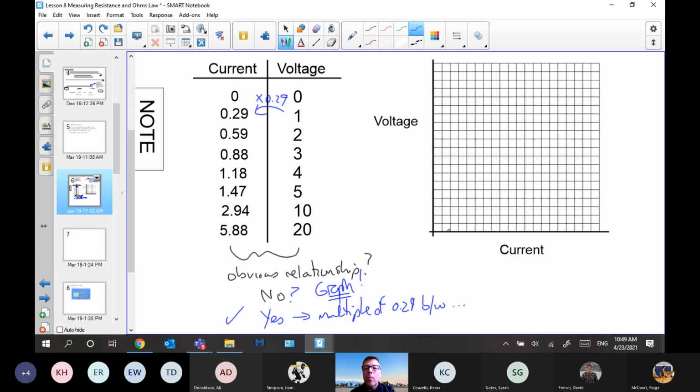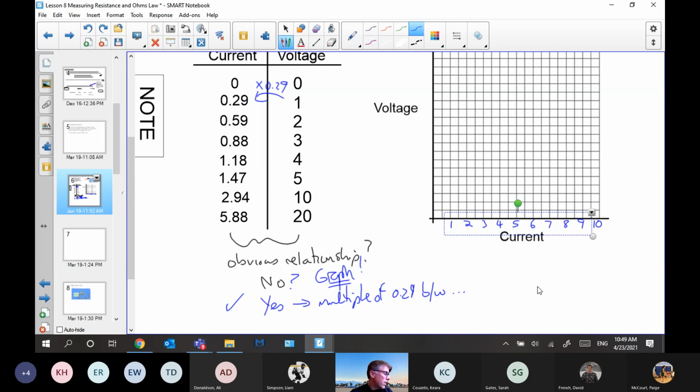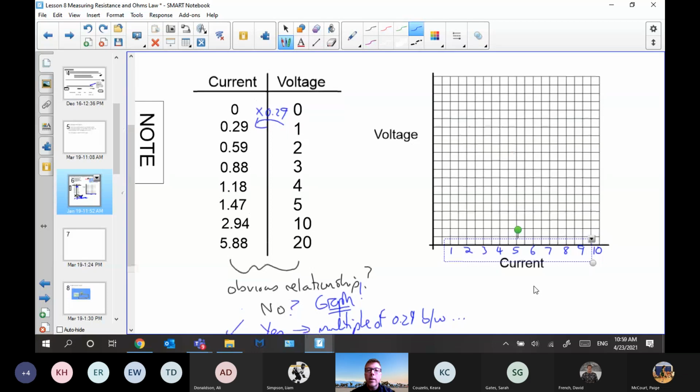So if I went like 1, 2, 3, 4, 5, 6, 7, 8, 9, 10, if I put my currents in there like that, because that's their range, it's decent. Then I go to 20s here, so I think I have to go by 2s: 2, 4, 6, 8, 10. Yeah, that'll work.